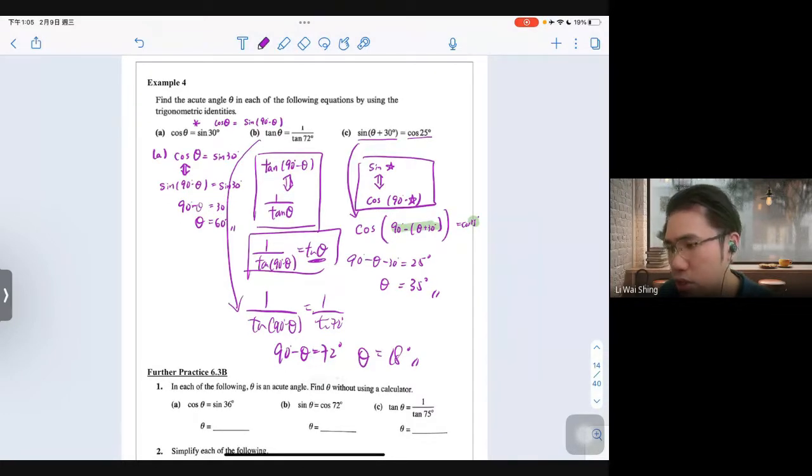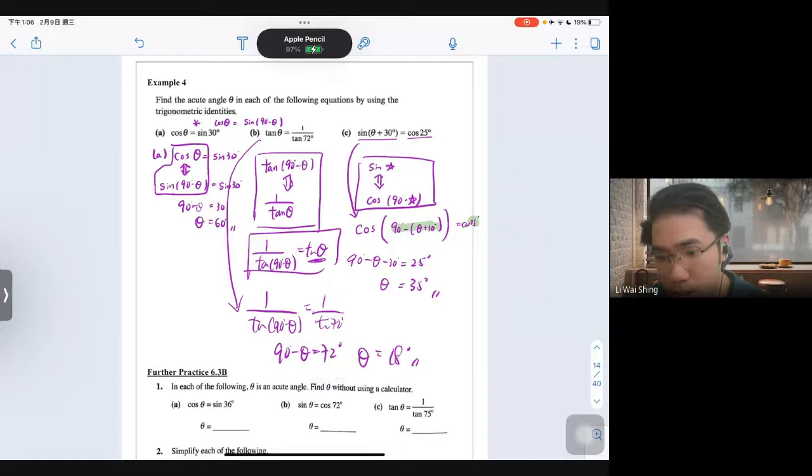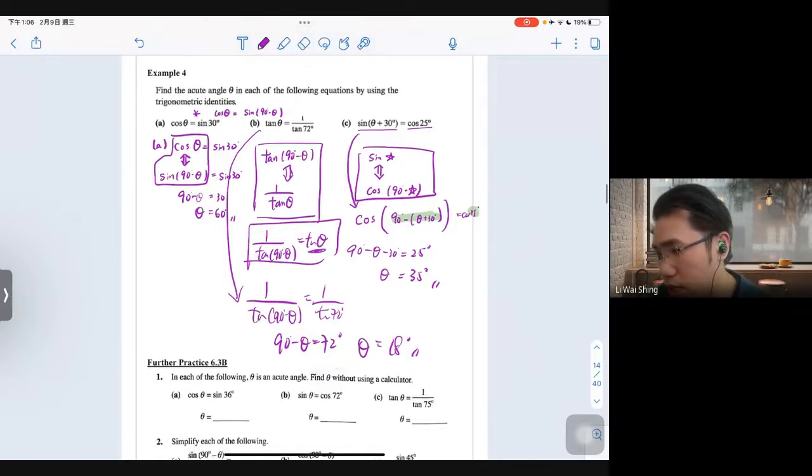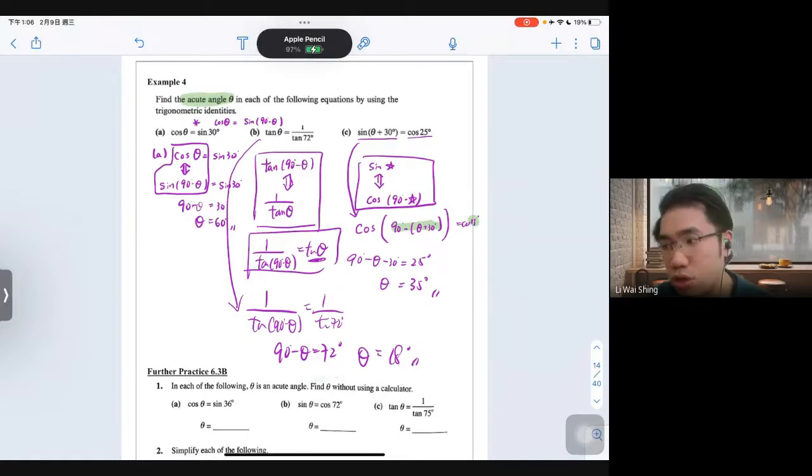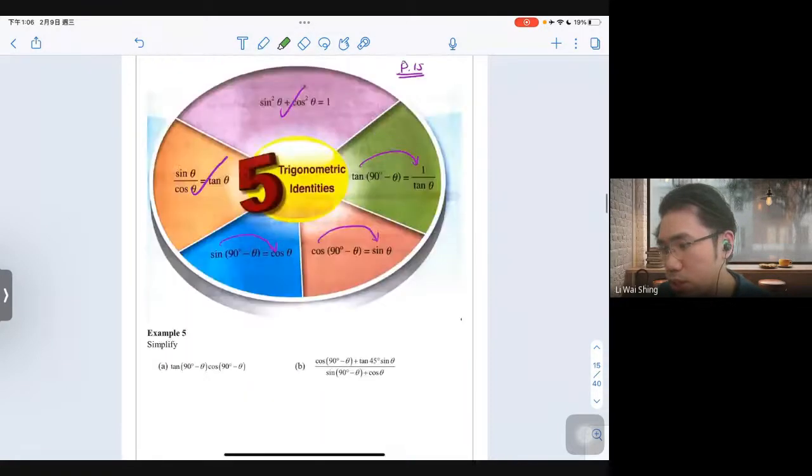Okay, so you need to know how to transform this kind of identity, but it doesn't matter. Not that important. Finding the angle is actually not that important, honestly. The key point is that you know how to do the conversion.